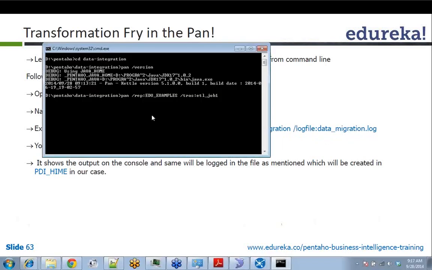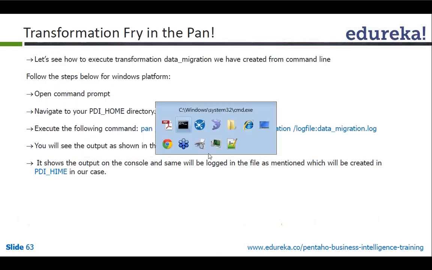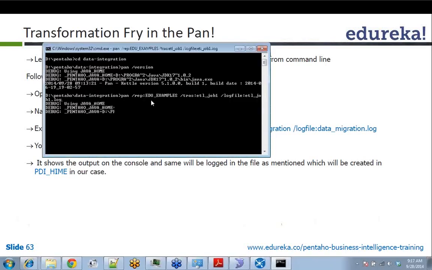Log file, so let's add that option as well, log file, and we'll give some name, so ETL job 1 dot log. That's it. So you can hit enter.